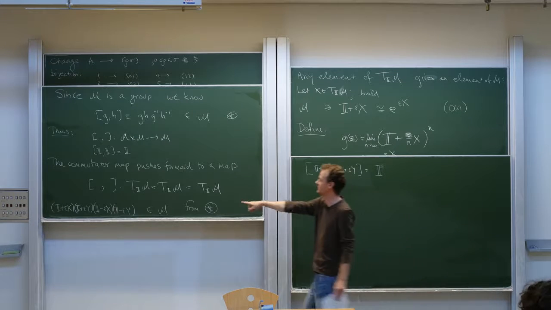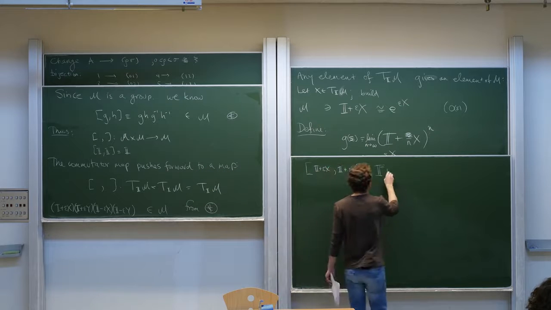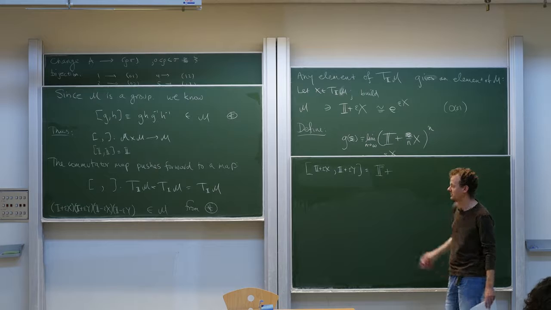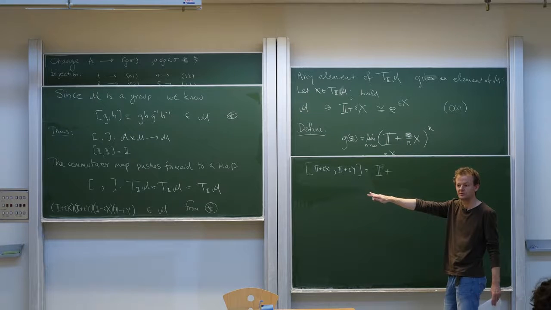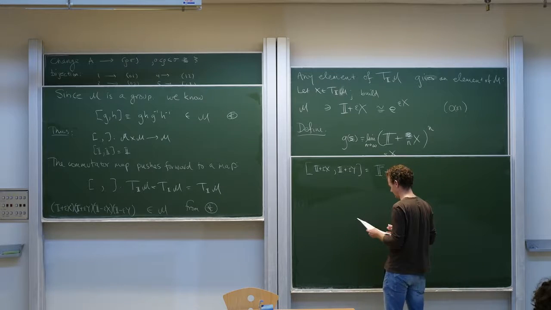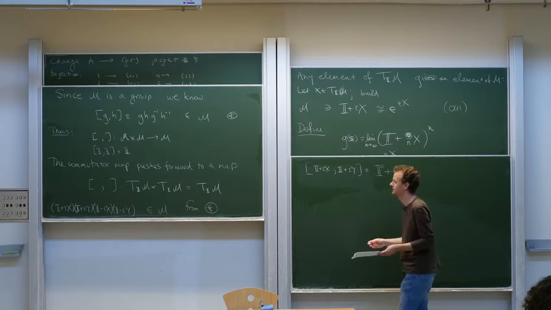You multiply out the identity 4 times, you get the identity. That's definitely there. Plus you get nothing in order epsilon. You can check pretty quickly just by looking at it that the order epsilon term is 0. You get an x and a y, and then you get a minus x and a minus y. They cancel out. So the first term that you get is at order epsilon squared.